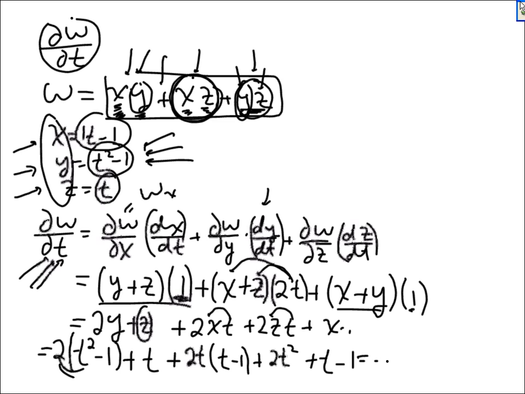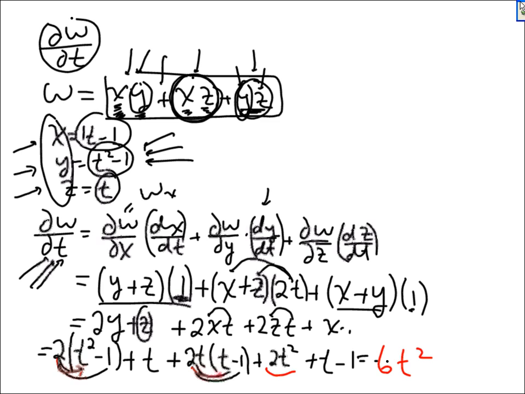You should distribute out, collect like terms. Over here, we'll get 2t squared plus another 2t squared, that's 4t squared, plus those t squares, that's 6t squared.